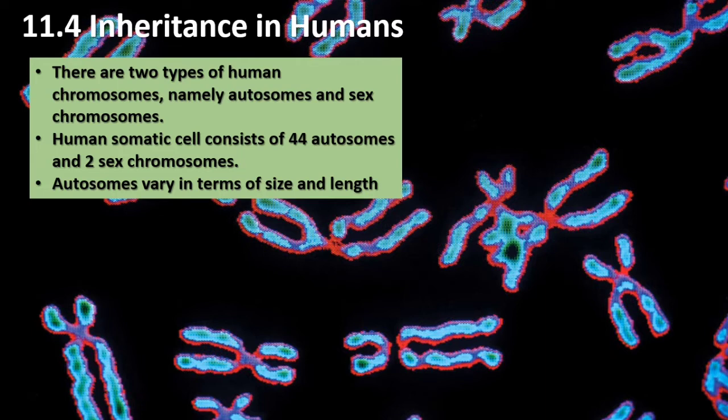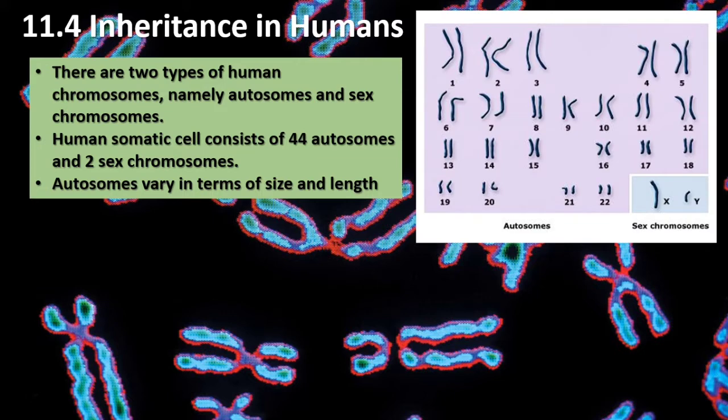of chromosomes. There are two types of human chromosome, namely autosome and sex chromosome. A human somatic cell consists of 44 autosomes and 2 sex chromosomes. Autosomes vary in terms of size and length. This is the picture of the autosomes and sex chromosome.